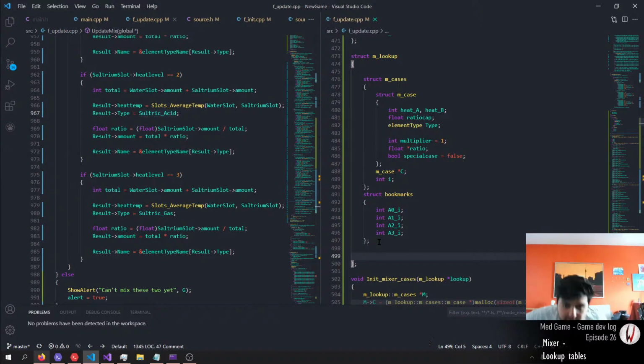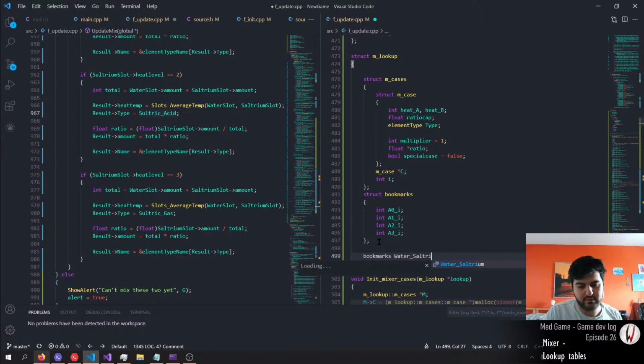All right, so it's gonna have bookmarks or software.